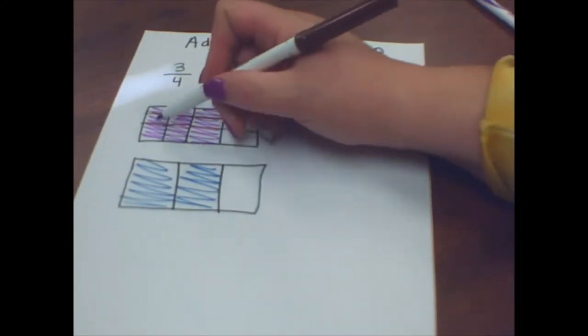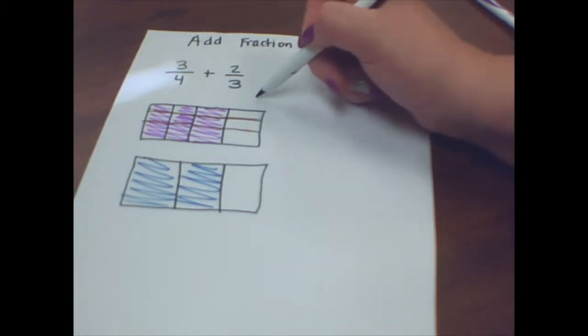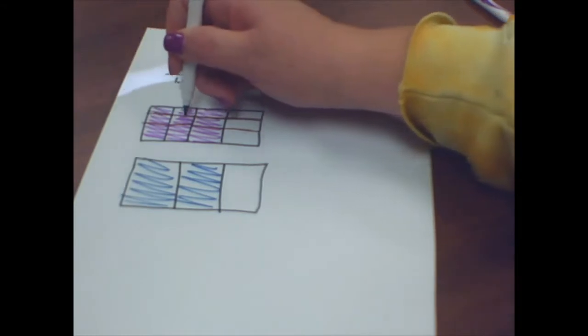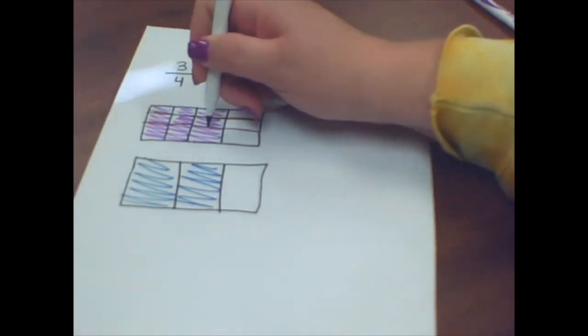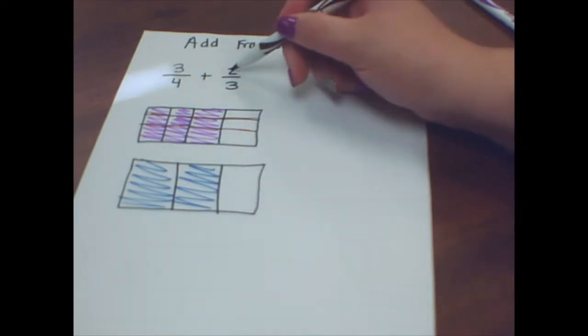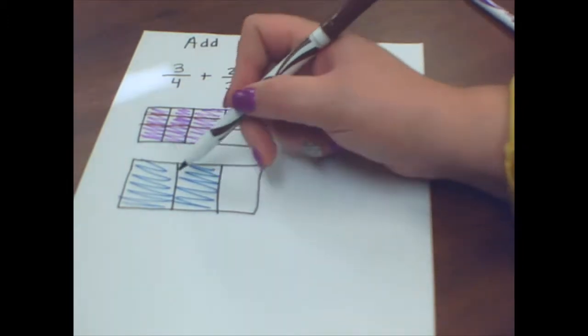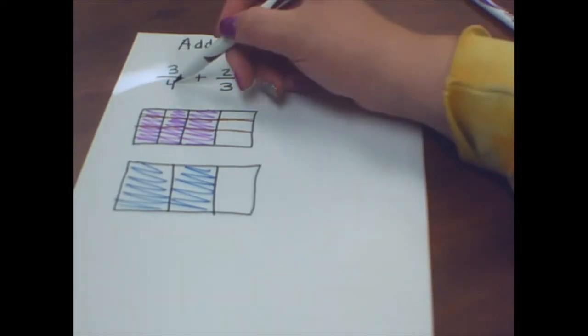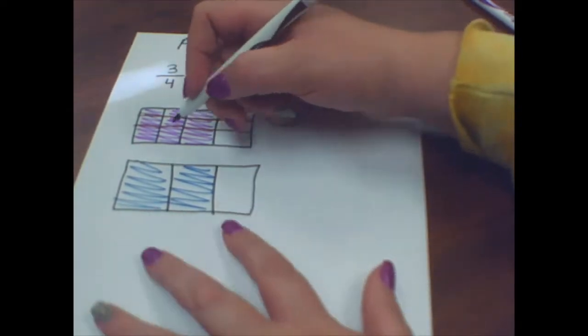So if you look here, I have 1, 2, 3, 4. But if you look on the side, I have 1, 2, 3. Okay? I'm going to do the same thing down here. This was my 2/3 model. I had it split 3 ways. I'm going to now split it 4 ways, the opposite way.